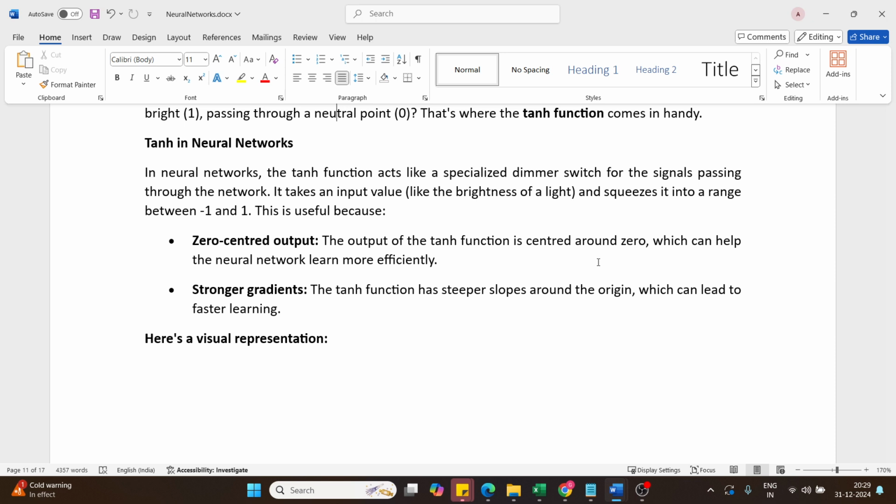Steeper slopes mean you are able to find the biggest change that could happen, which can lead to faster learning. I hope you are understanding this. It's completely mathematical as of now, and later, after the next video, we will be discussing some code as well.